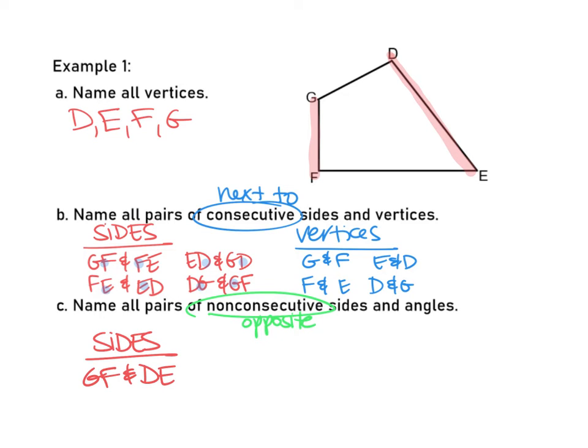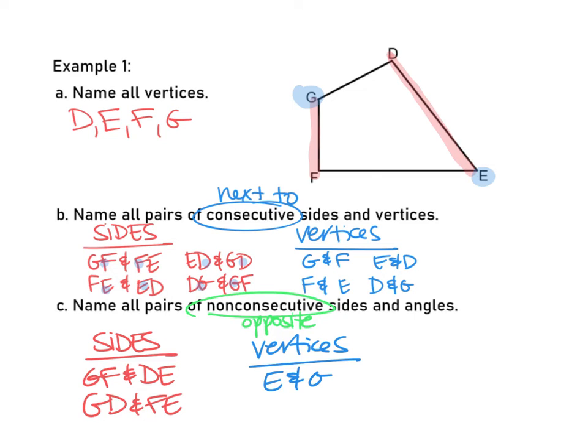That's how we know that they're not touching. I could also have GD and FE. That's it for opposite sides. We only have two pairs of opposite sides. Okay, same with vertices. Opposite, so I could have E and G. They're not next to each other. And the only other pair would be F and D. Again, they're not touching at all. Those are opposite or non-consecutive.